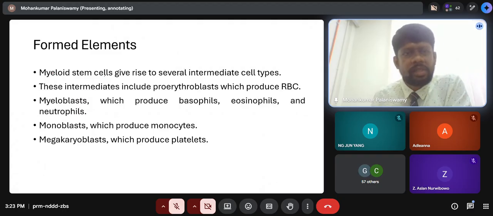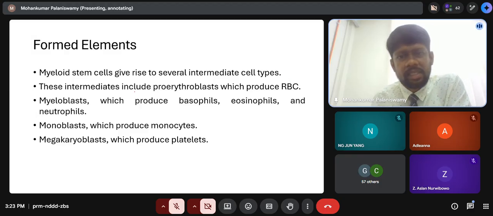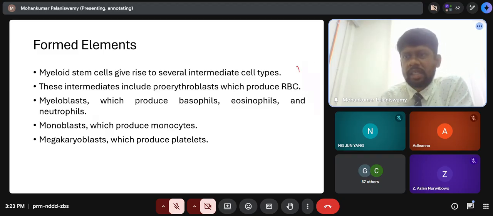Then myeloid stem cells give rise to several intermediate cell types. These intermediates include the pro-erythroblasts, which produce RBC. Okay, these are all just extra information. Myeloblasts produce basophils, eosinophils, and neutrophils. Monoblasts produce monocytes. These are all subgroups which are present in our blood.